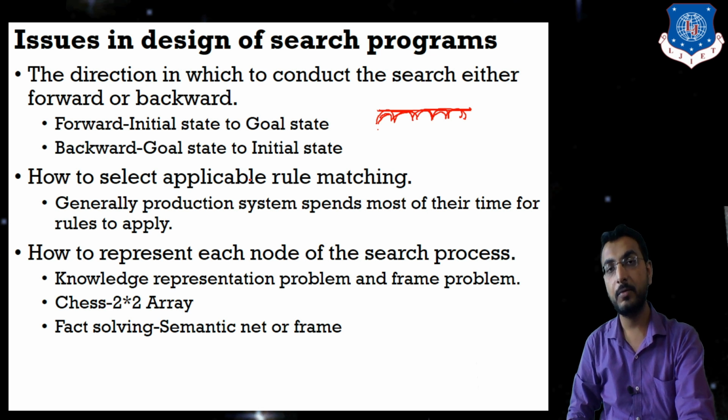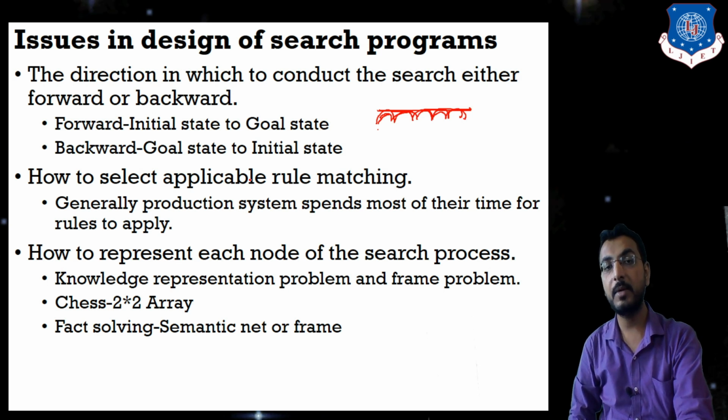If you have the scenario of chess, then easily you will be able to select the 2x2 array as a knowledge representation technique. But if you are doing fact solving, then you can choose the semantic net or frame as knowledge representation. So see how you will be able to represent each node of the problem space.